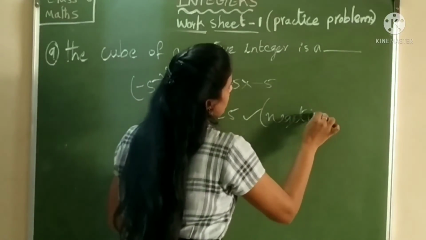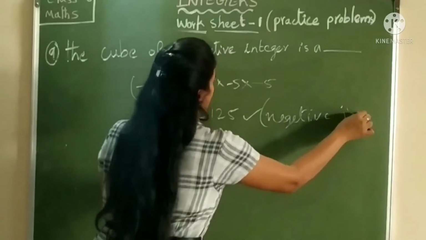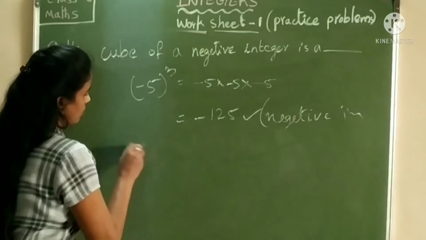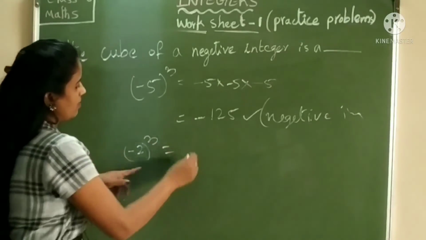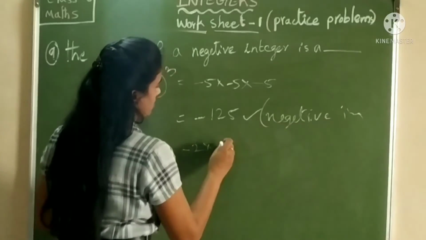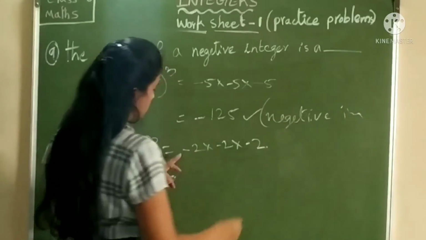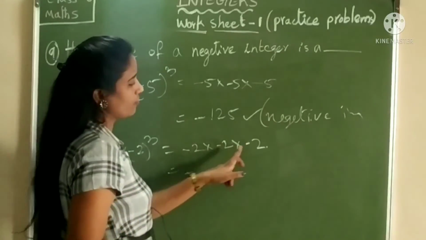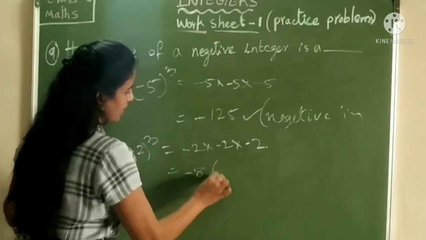One more example. Take minus 2 whole cube. Minus 2 into minus 2 into minus 2: minus into minus is plus, plus into minus is minus. 2 twos are 4, 4 twos are 8, so minus 8. Again a negative integer.